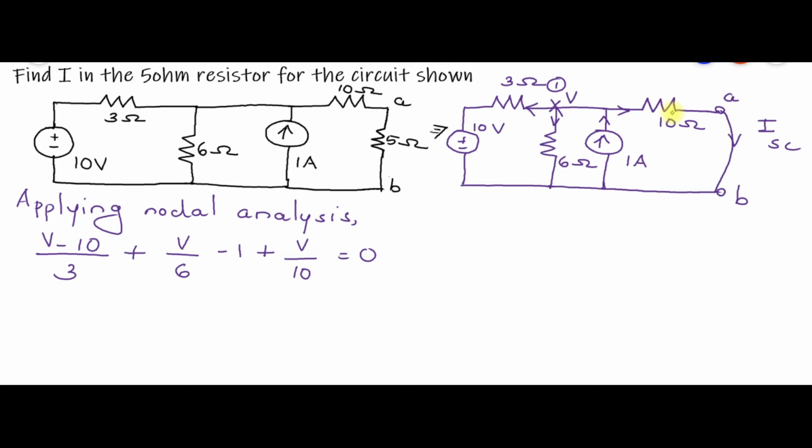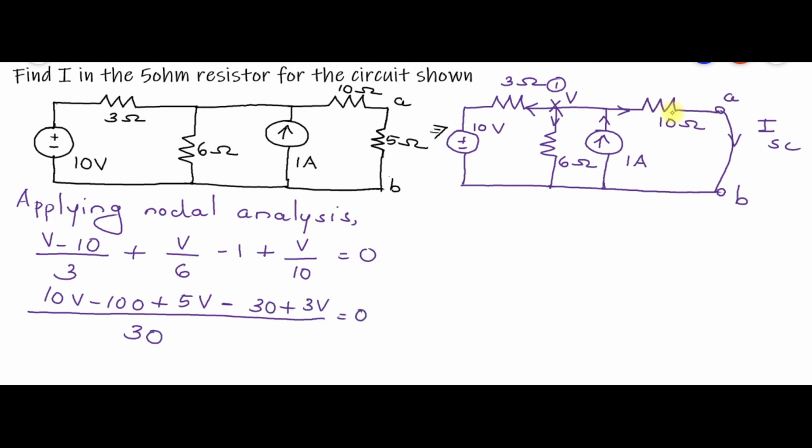Then taking the LCM of 3, 6 and 10 will give you 30. Then 10V minus 100, plus 6 into 5 will give you 30, so 5V minus 30, plus 3V equal to 0.